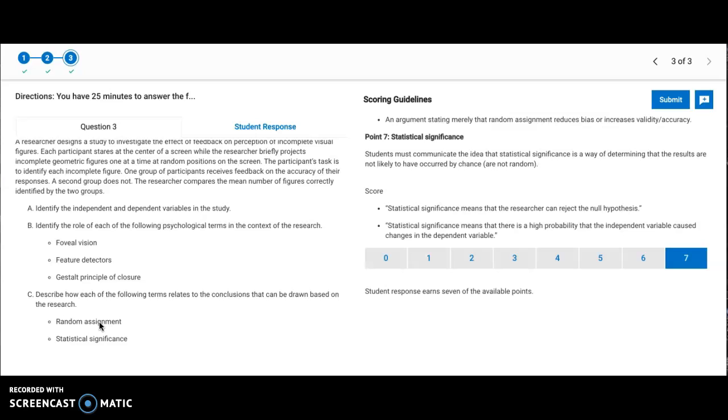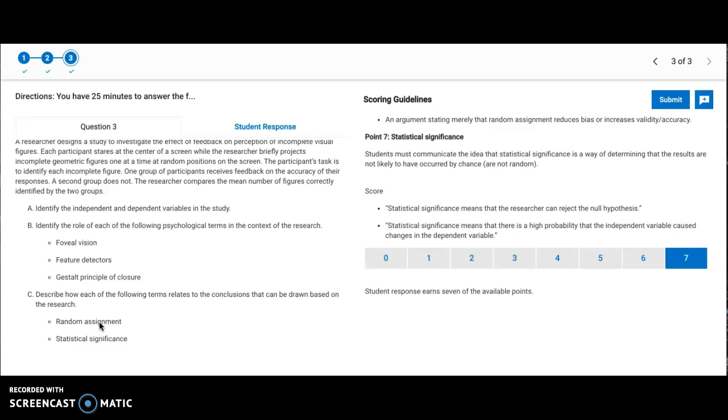Two things you could say here. One would be random assignment allows us to conclude a cause and effect relationship. So if we randomly assign participants to groups, and then we see a difference between the experimental and the control, we can then conclude a cause and effect relationship. The other response that would make sense here would be about reducing bias.